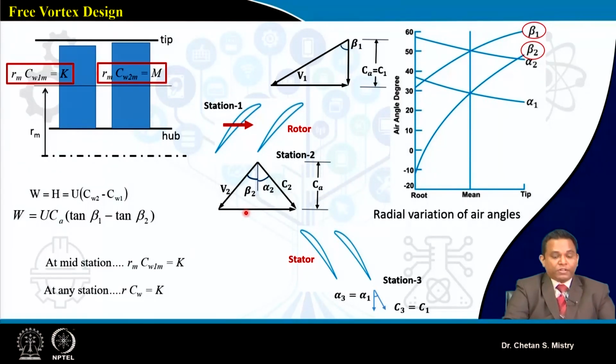Now what we are interested in is what is happening near the tip region. So I will be putting my U-tip, that is pi d n by 60.